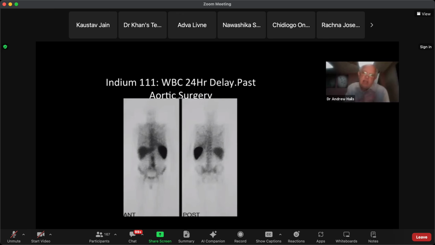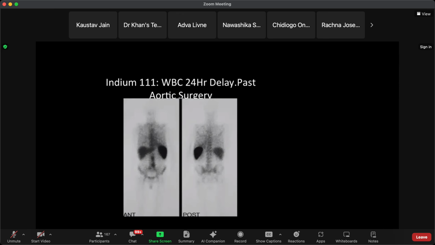Now, taking this as an example, this person's had surgery and they've had an indium scan. So what might this indicate? There is increased uptake in a linear fashion centrally at the region of the aorta, and also some uptake within the upper abdomen and chest as well.